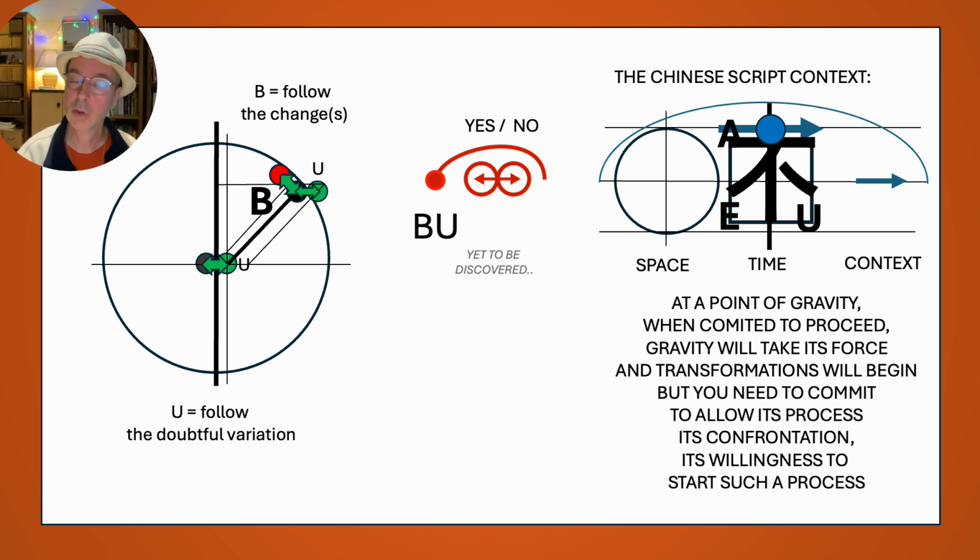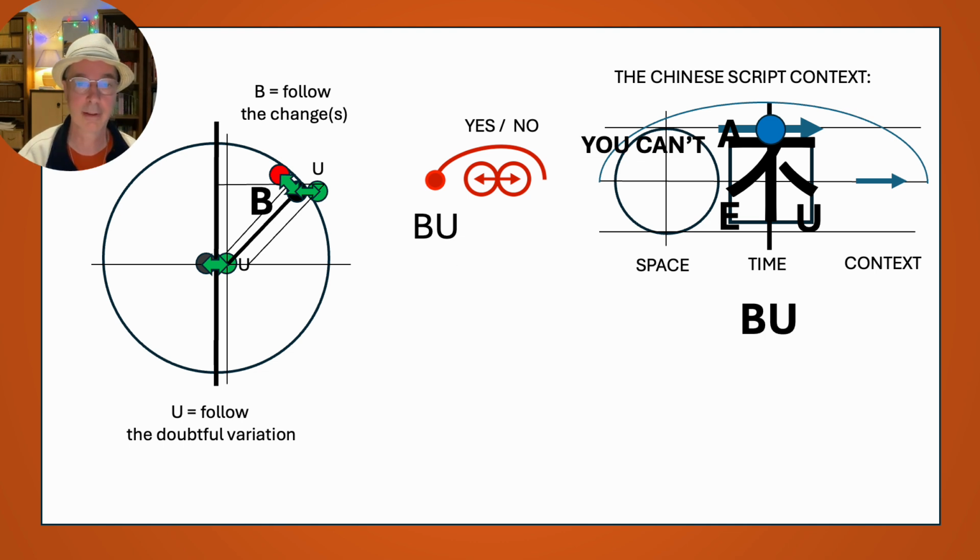It's U. The U as the winter part is dominating, and the transformation process has all its gravity in that point where you can't do anything yet. That's the no part is dominating.